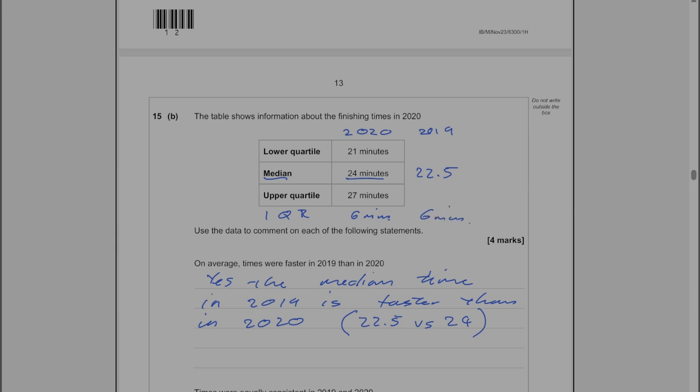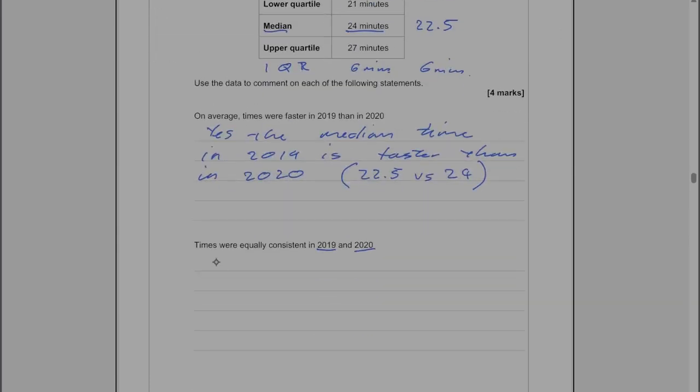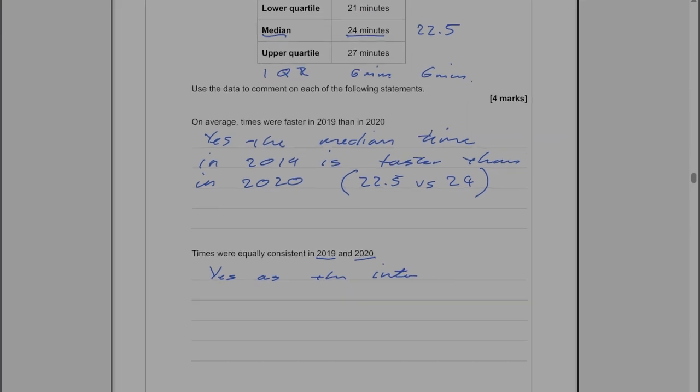So times are equally consistent. Yes, as the interquartile range is 6 minutes for both years.